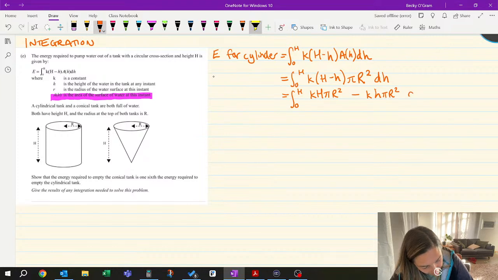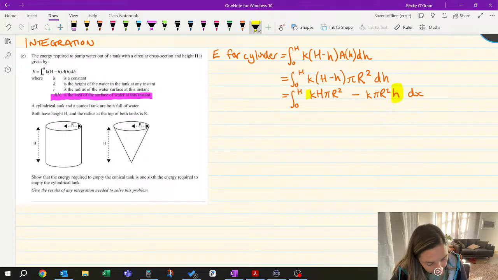And just to make it exceptionally clear, I'm actually going to put the pi r squared in front of the little h. Now the only variable in that whole mix is this small h here. This term here is entirely a constant, we just don't know what it is. Same with the coefficient of that little h.